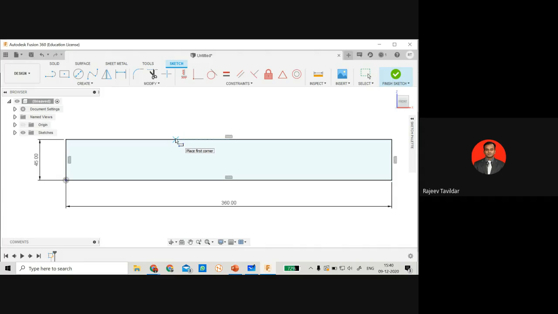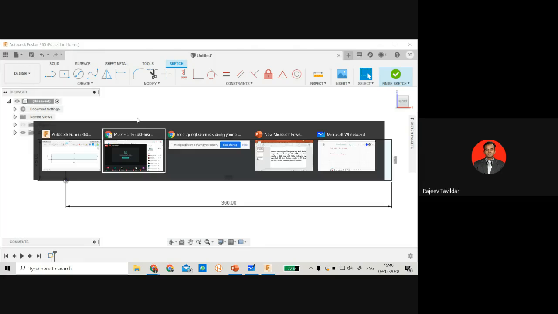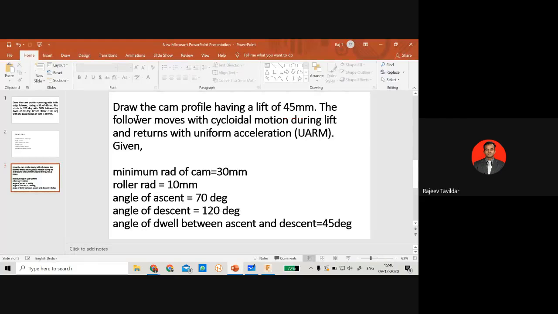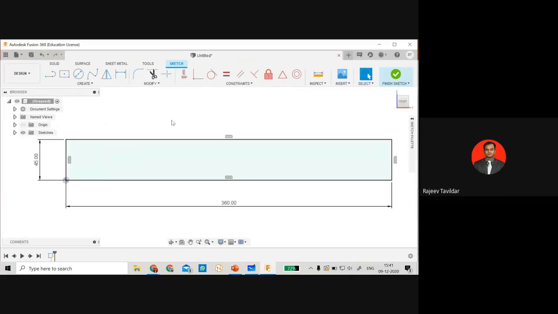The next step, I will divide this entire 360 degree rotation of the profile into the rise, dwell, return, and so on. As per the definition, we have the first ascent stroke of 70 degrees, so this will be the first division of 70. After this, there is a dwell period of 45 degrees.